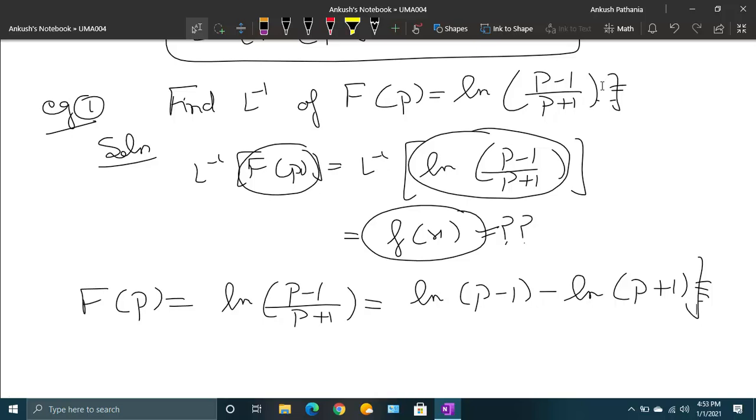In such problems, the inverse Laplace transform of property 2 comes into play.